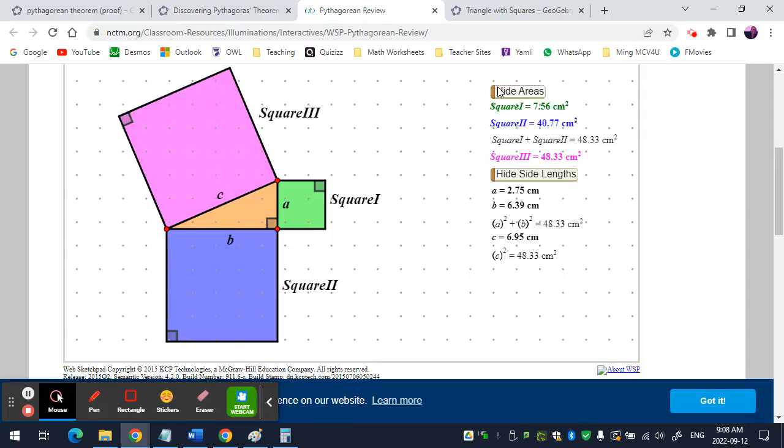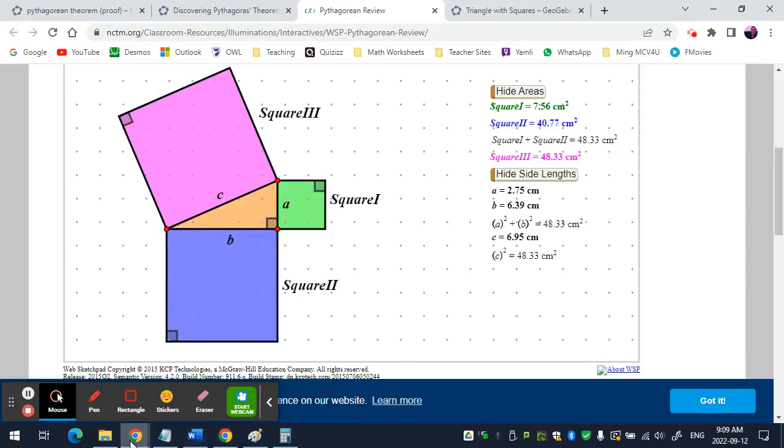Square 3 has an area, this guy, of 48.33. If you add the small square to the small square, you get the exact same thing. So that's another way to think of the what? Of the Pythagorean theorem. The Pythagorean theorem tells you that if you have a square here and a square here based on these two lengths, they are both combined, not each one, no, combined as big as this total one.